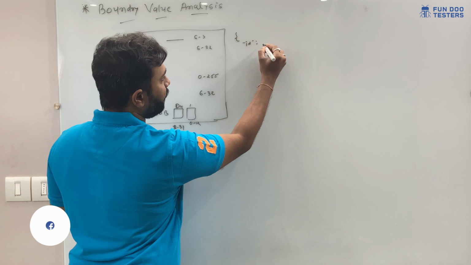For example, this field has 6 to 32, and the login field should ideally have 0 to 255, password field let's say 6 to 32, and date of birth as per the date field. The month field should take 0 to 12, the day field should take 1 to 31, like that this will work.